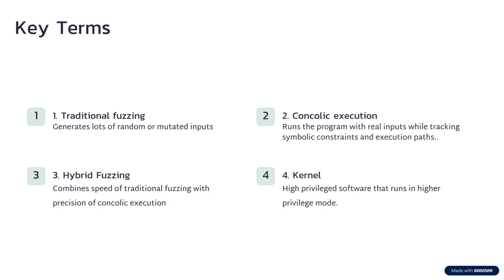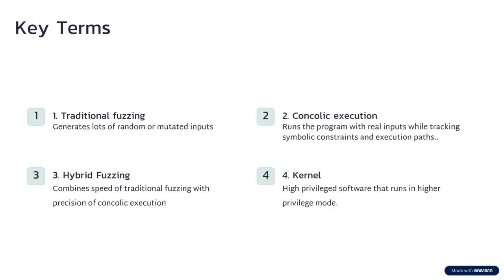We're going to get a little bit more into some of the limitations of traditional fuzzing later in the presentation as well. The next thing I want to discuss is concolic execution. Concolic or symbolic execution, I'm going to be using both interchangeably. It's a process where a program is executed with real inputs, while also tracking the symbolic constraints along each execution path.